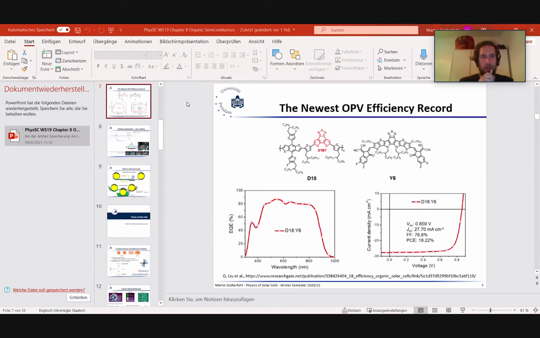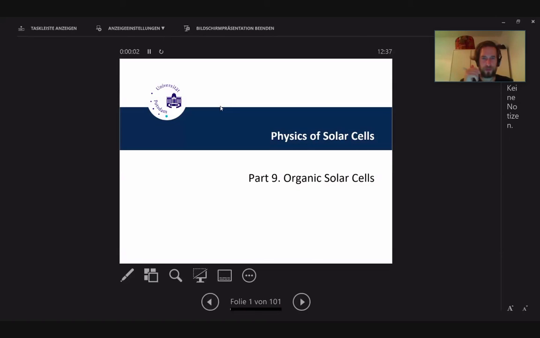Because so far we have only discussed the physical properties of the building blocks, which are organic semiconductors. But obviously we want to make solar cells out of these materials.